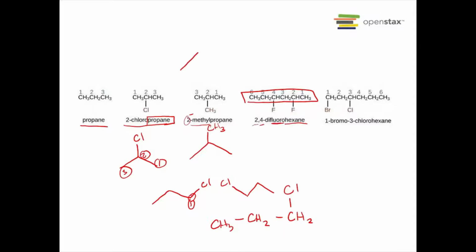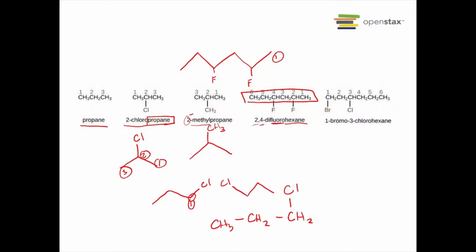So we go 1, 2, 3, 4, 5, 6. And they chose to start their numbering on the right side. So this was carbon 1, which means carbon 2 is here. Oops, not chloro, fluoro. Also notice that we want to do it so that we have the lowest possible numbers going with our carbons.